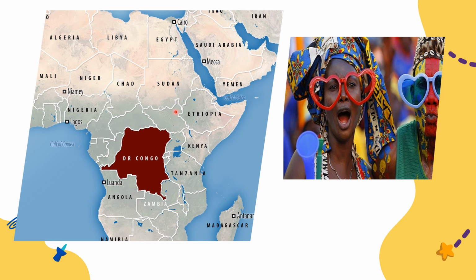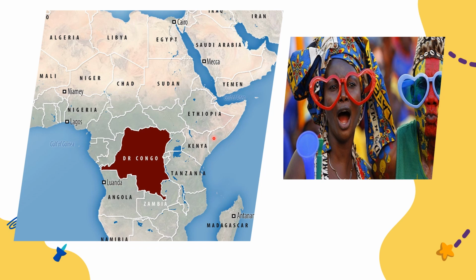So to understand each zone in more detail, we are going to learn about a country which lies in that particular zone. So first we are going to talk about a country which lies in the torrid zone.